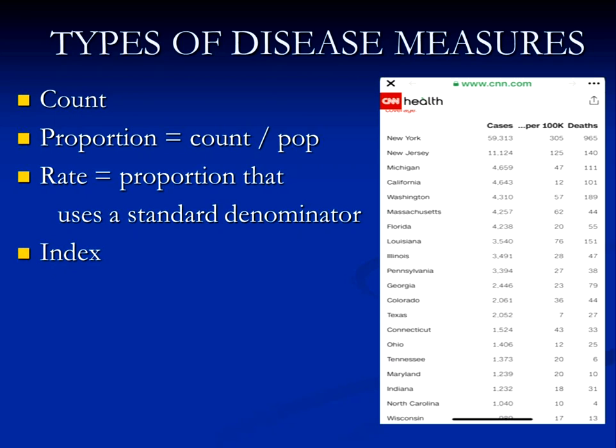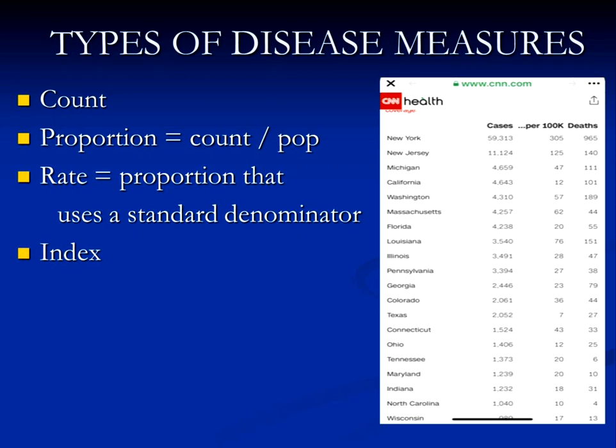So they're doing the math here, and with Florida, they would say that there are 4,238 cases per 100,000, which will give us a rate of 20. That allows us to compare apples to apples instead of apples to oranges.